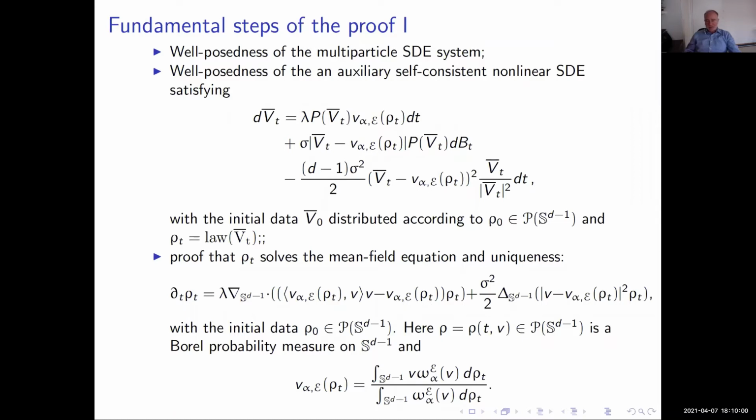The next step is to prove that the empirical measure of the multiparticle system converges to the law of the monoparticle system that solves this equation with a certain rate.